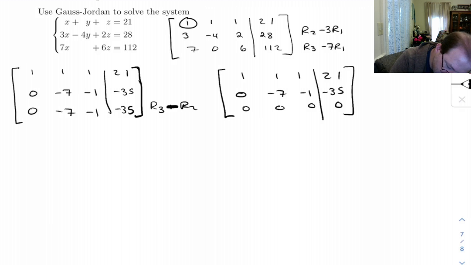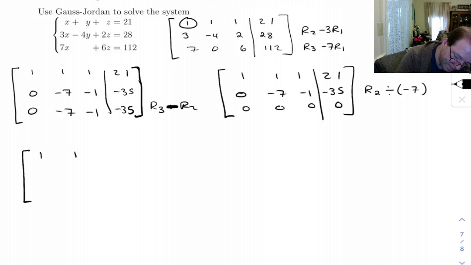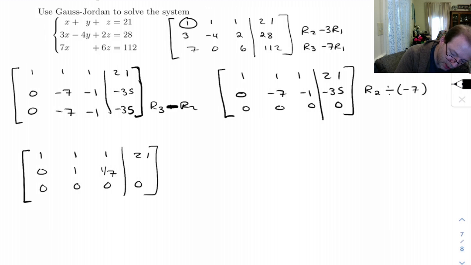So what I need to do now is get a pivot here. I'm going to get a 1 there, and then I'm going to use that to zero this out. So I have to do row 2 divided by negative 7. Now that's not going to be too bad. It's going to give me one fraction. It's going to give me 0, 1, 1/7, and 5.